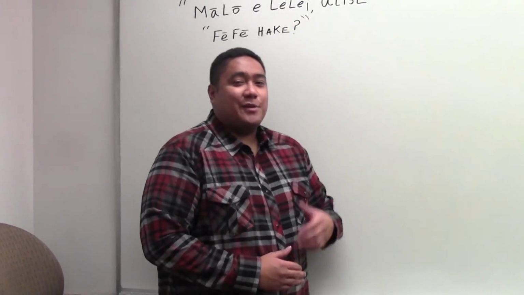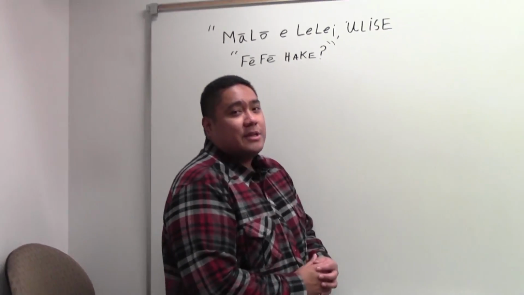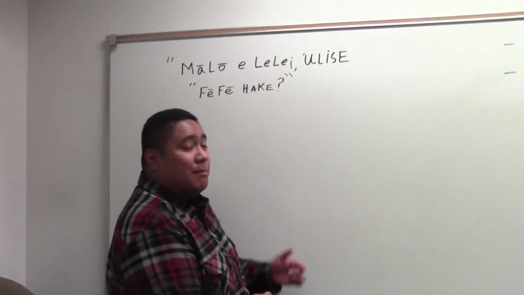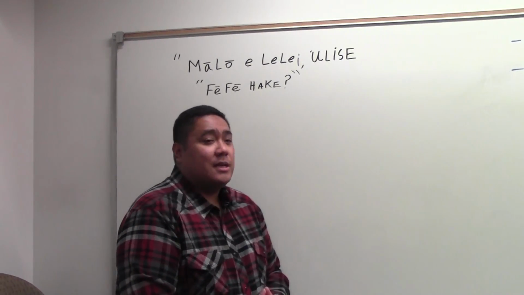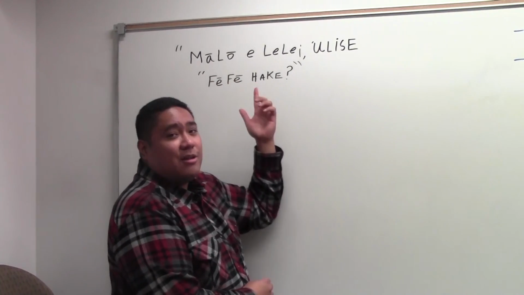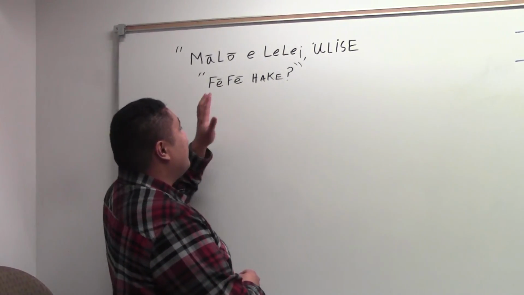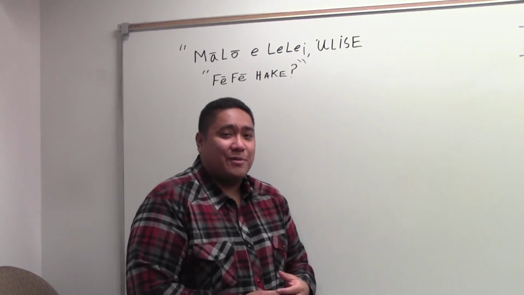We're going to go ahead and take you through now the short dialogue that just took place. This is Tongan greetings. The most common Tongan greeting is malo e lelei. Here you have a proper name, Ulise. Maikolo was talking to Ulise. After he had acknowledged him and said hello, he then asked Fēfē hake. Fēfē hake is the Tongan phrase for how are you.